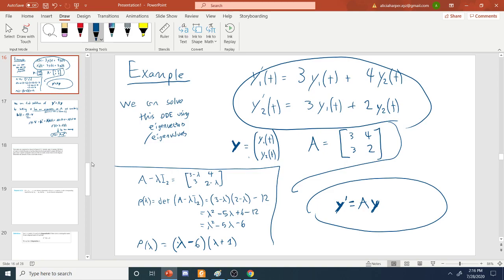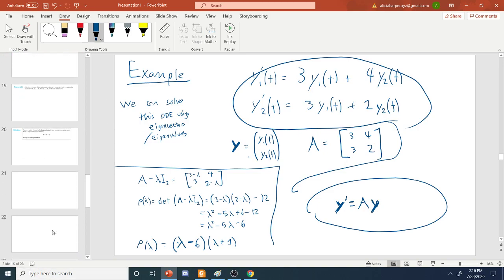Let me sanity check myself for a minute. Yeah, okay, that's right. So now that I know the roots of this, I can go about finding the associated eigenvectors.